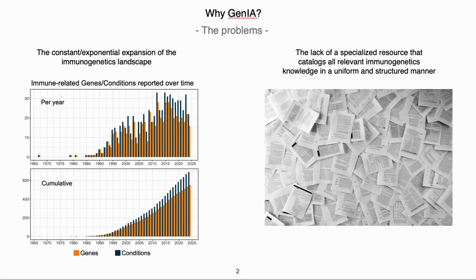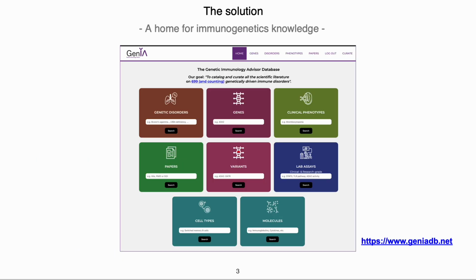But GenIA really can be a resource for any kind of rare disease because what it does is it endeavors to catalog and collect all of the different kinds of knowledge that might be relevant to a patient or a condition in a uniform, harmonized, and as structured a manner as possible so that people can find all of the different kinds of information that they might need, regardless of whether they're a researcher, a clinician, a patient advocate, a patient themselves, or any other person who has a stake in this domain.